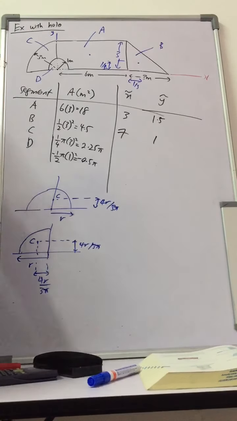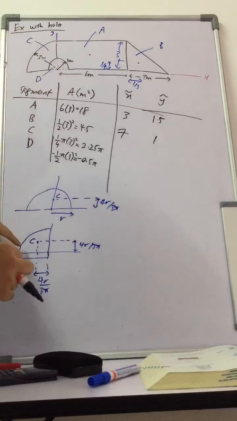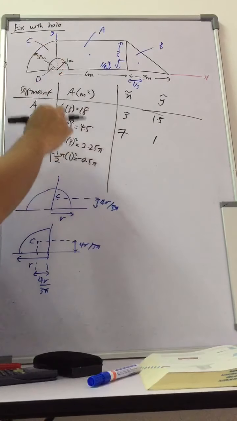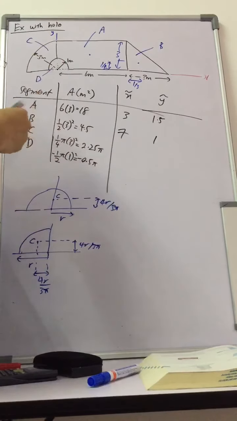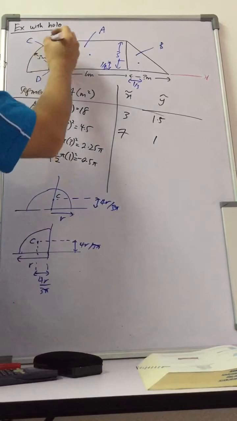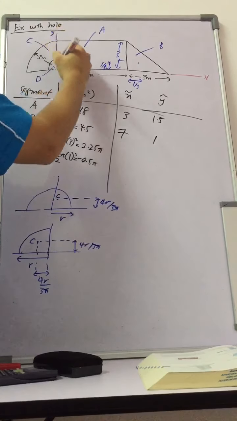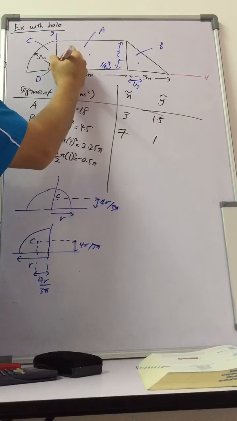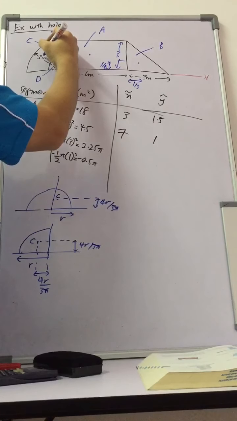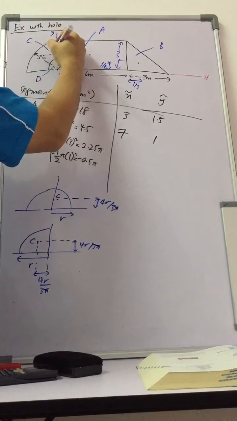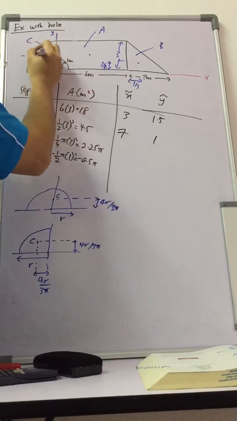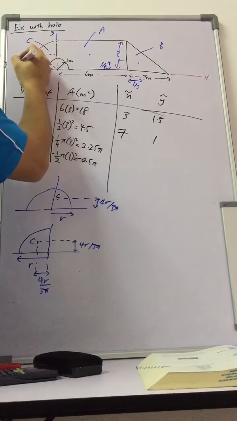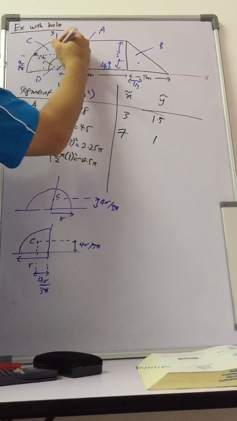So for DC, this is a quarter circle. The centroid of this is 4r/3π from the center here. It's the center, so it is somewhere here. So this is 4r/3π. It's very hard to even say it.